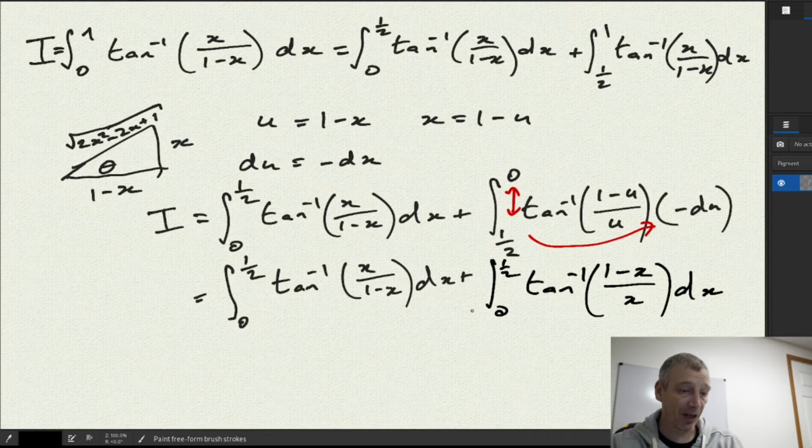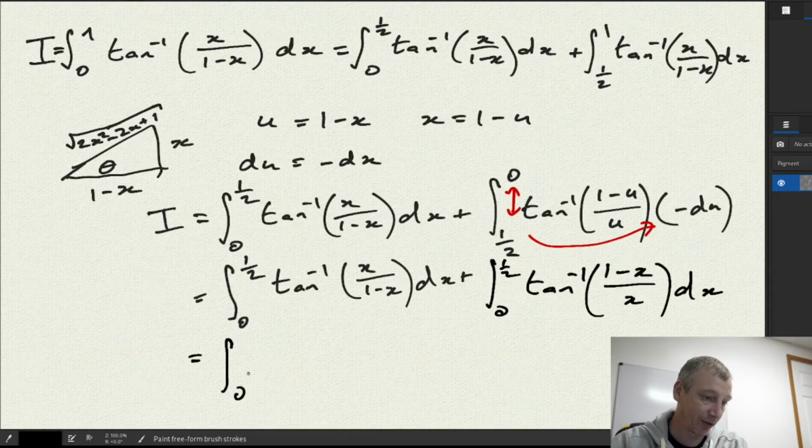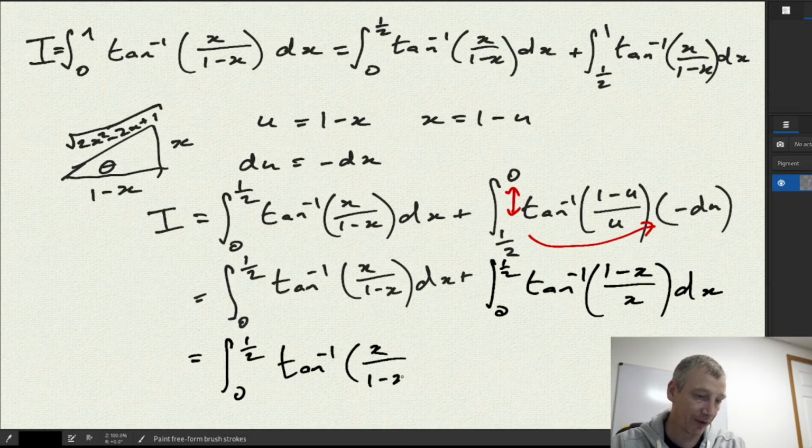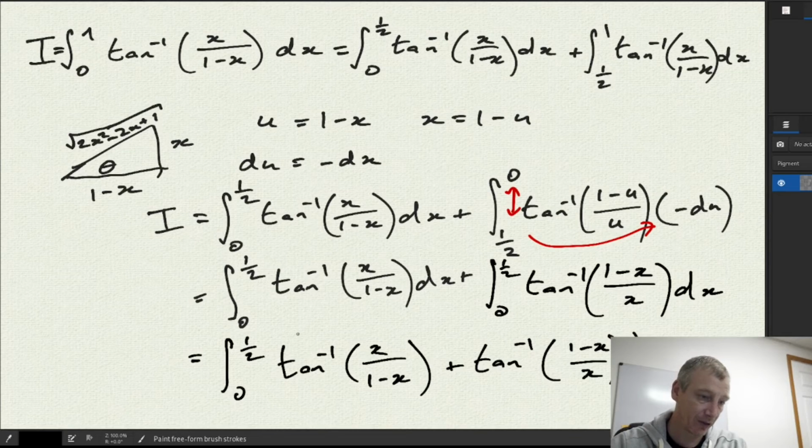Well, now that we have the same bounds on the integral, we can bring both things inside the integral, right? So we end up with the integral from 0 to a half of tan inverse x over 1 minus x plus tan inverse 1 minus x over x dx.